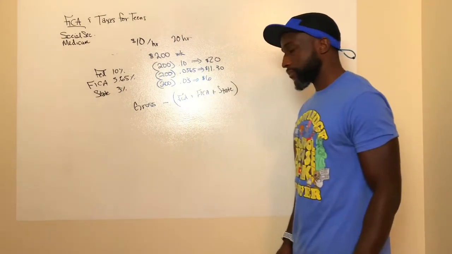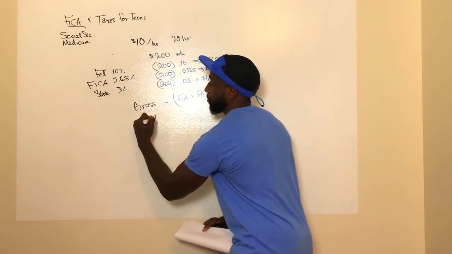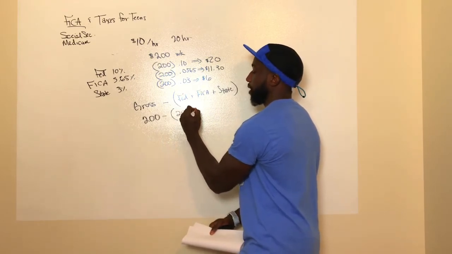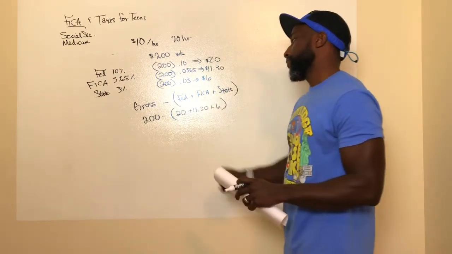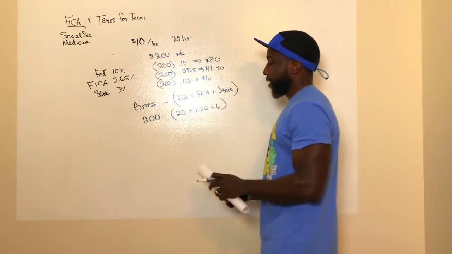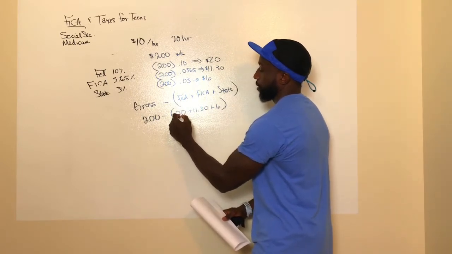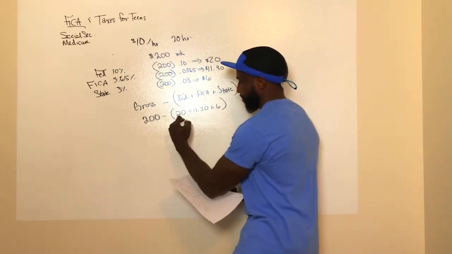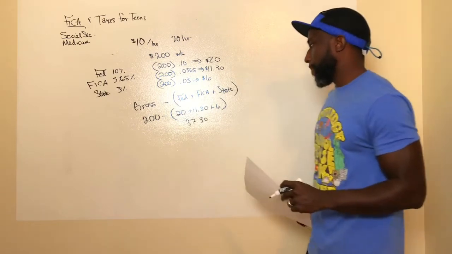Okay? So let's do the math. So it's gonna be 200 minus federal $20 plus 11.30 plus 6. Right? That's gonna give you what's that? 20, 31.30, 37.30. I think it is 37.30. Right?